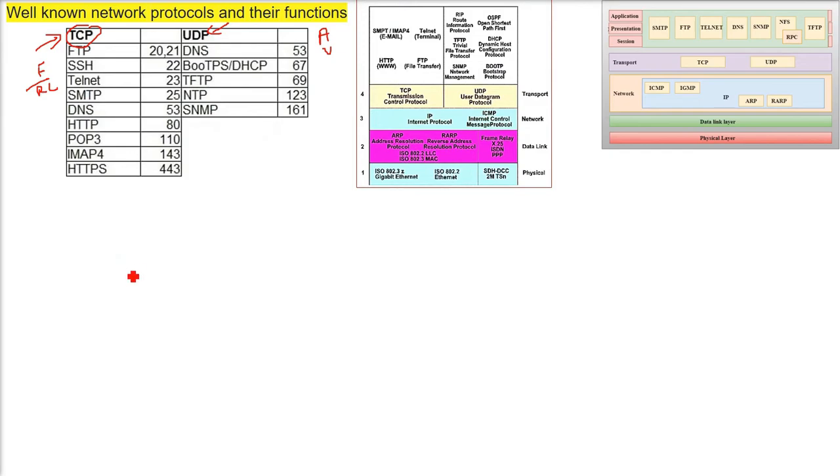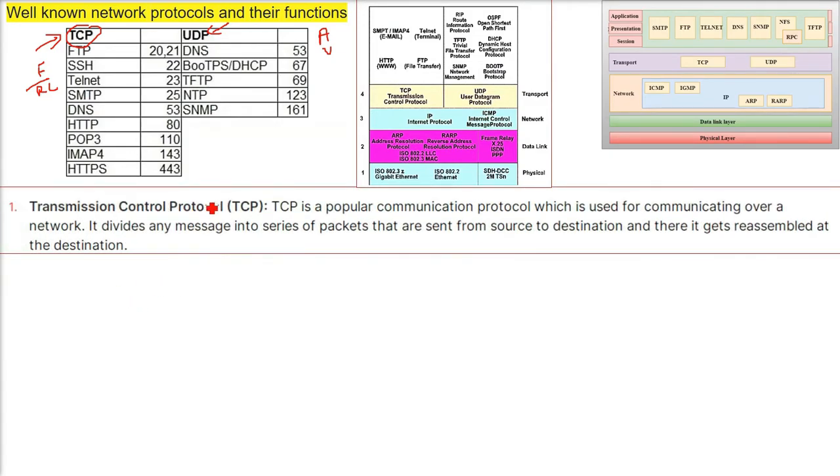So let us start with the most popular one. The first one is, as I said, Transmission Control Protocol. Please remember the TCP/IP protocol stack is named after it, so you can understand the power and the usefulness of TCP. TCP is a popular communication protocol.